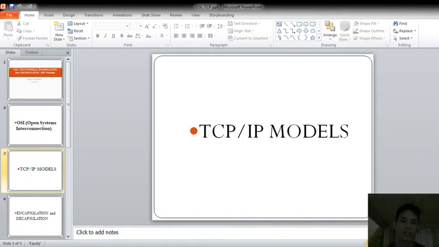The application, presentation, and session layers of the OSI model are merged into a single layer in the TCP/IP model.